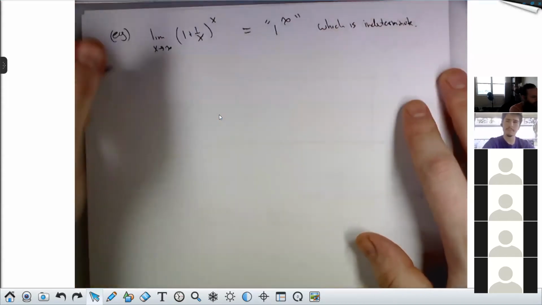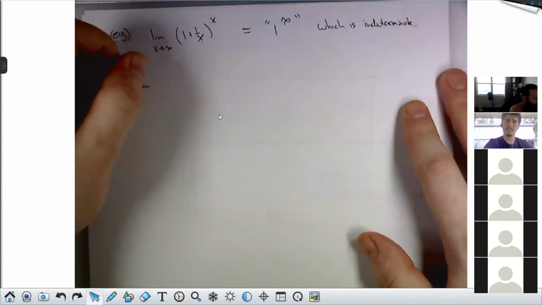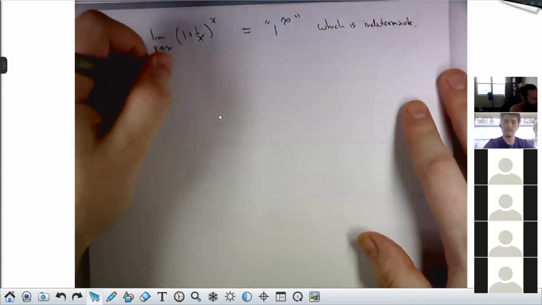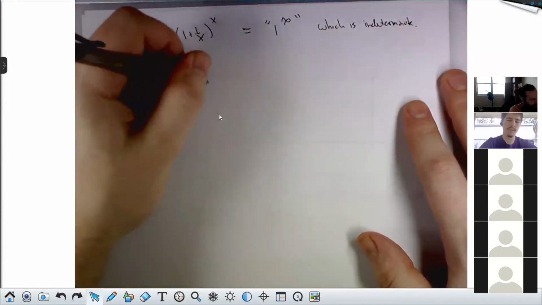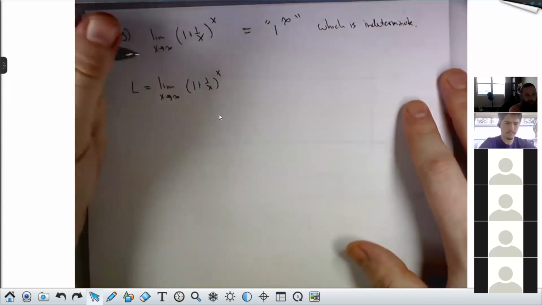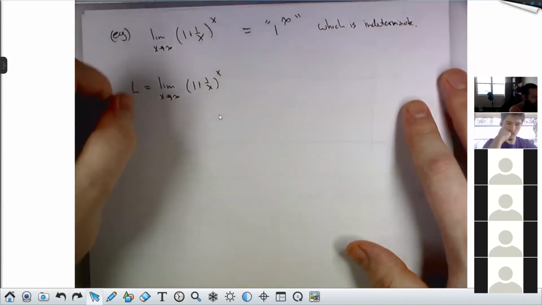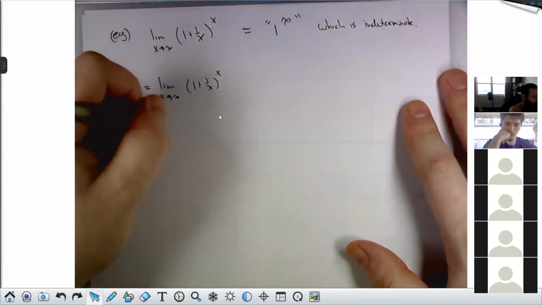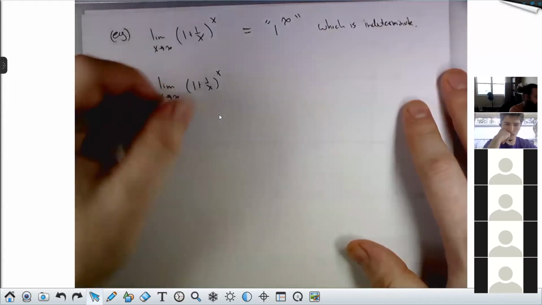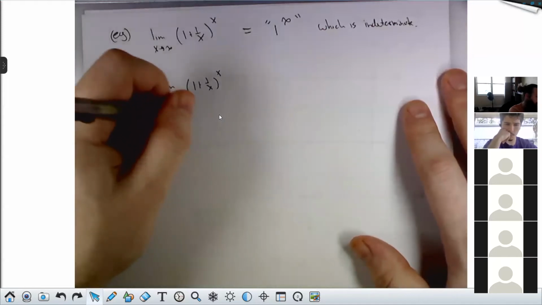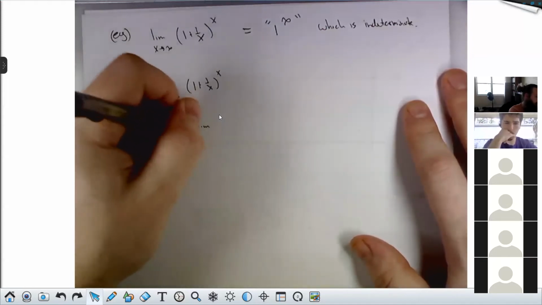The way you figure something like this out is you just call it L. You say L is equal to the limit as x goes to infinity of (1 + 1/x)^x. And you take natural log on both sides. You can push the natural log inside the limit. I'll write it like this at first.